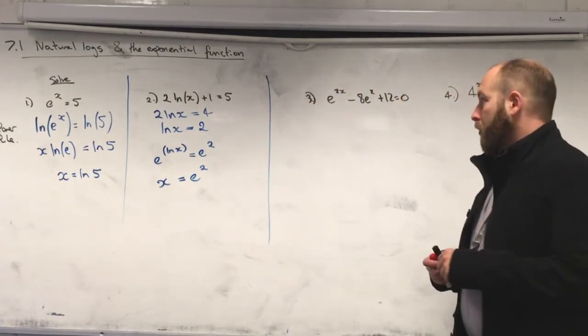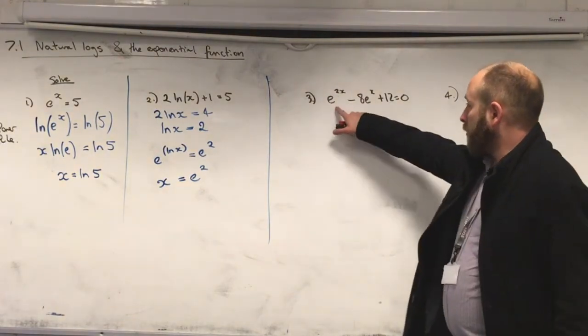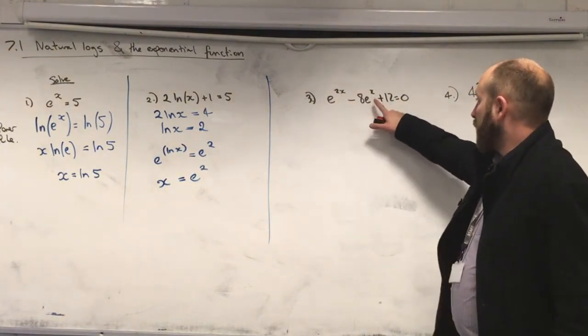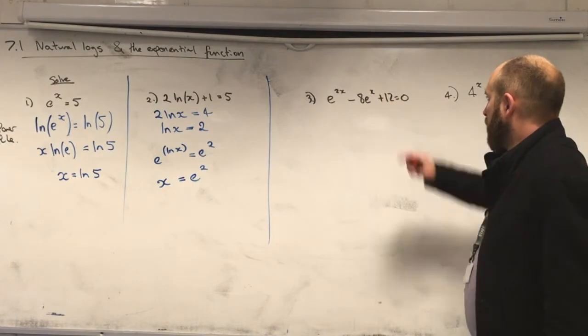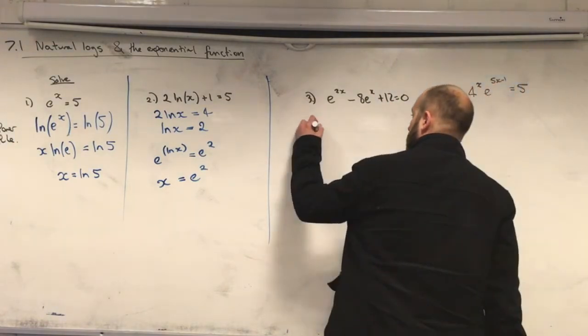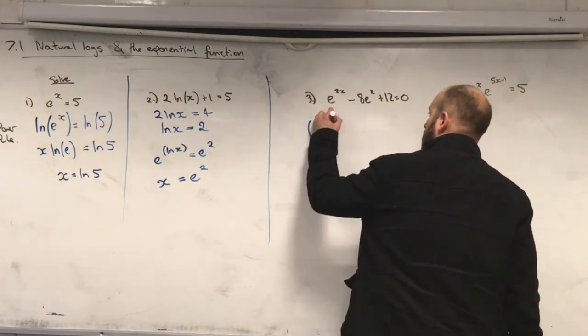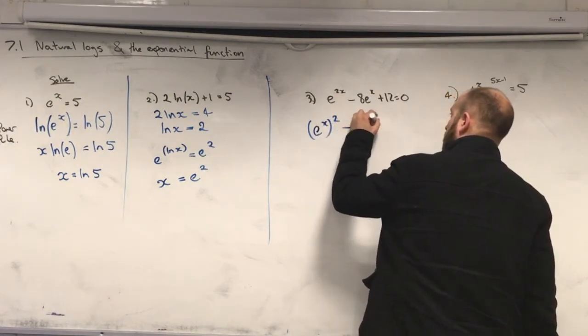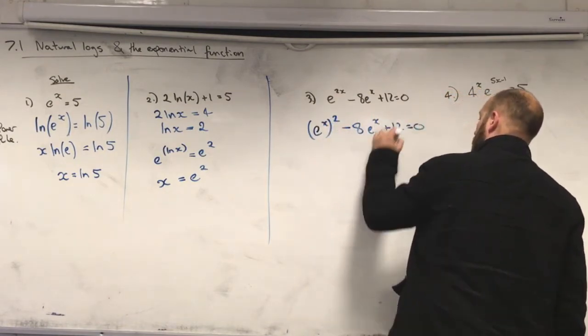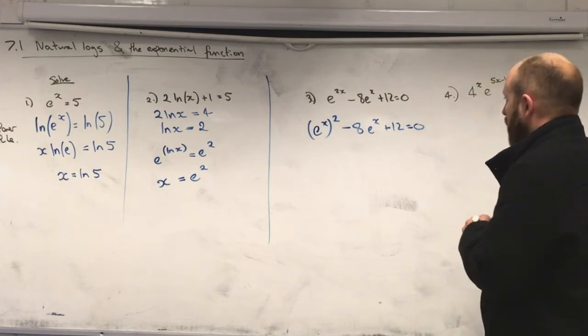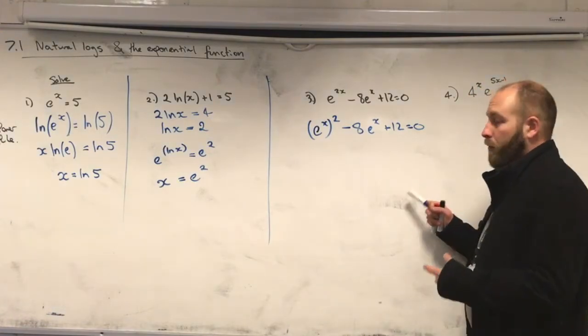Okay, next one we've got a quadratic. So hopefully you can spot quadratic form: something squared, something to the power 1, something to the power x, 12. So if I write this out again, it says e to the x squared minus 8 e to the x plus 12 is 0. We can either try and factorize this, or we can make a substitution.